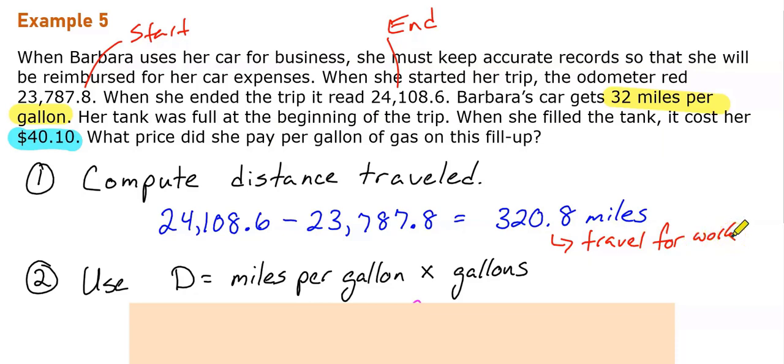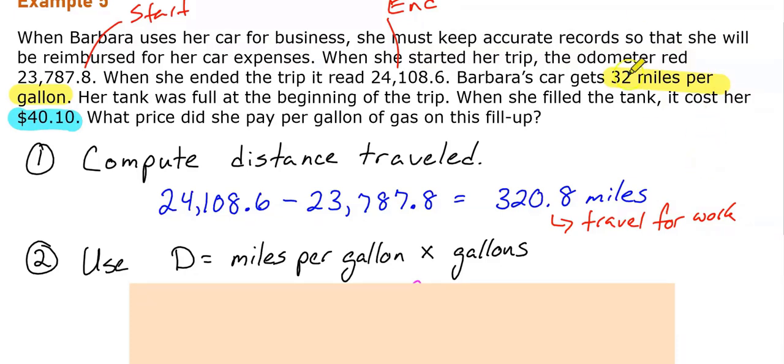Okay, so the next thing we need to figure out is how many gallons she actually used. We know how far she traveled, and we know how many miles per gallon her car gets, but we don't know how much gas she actually used.